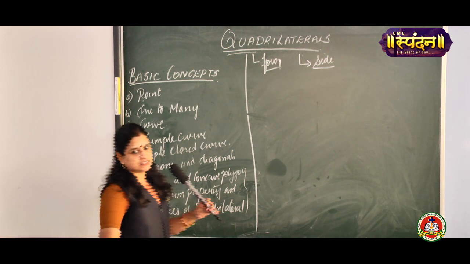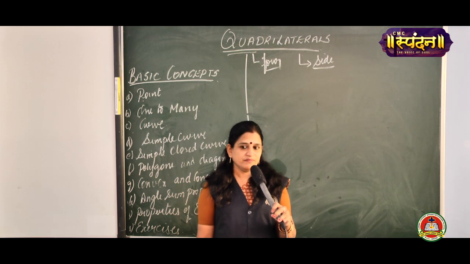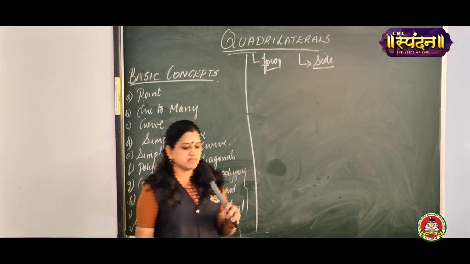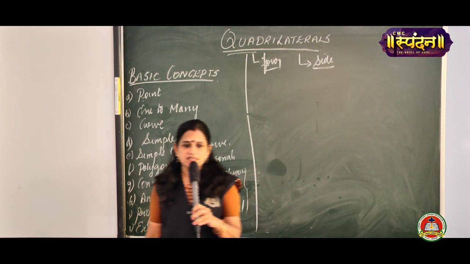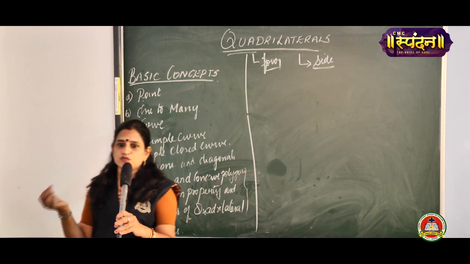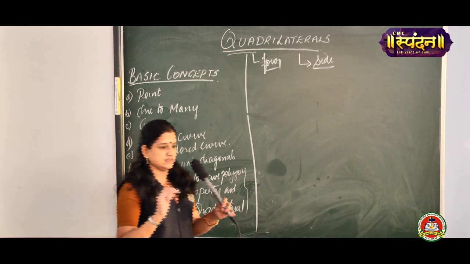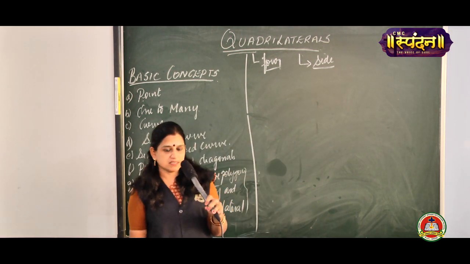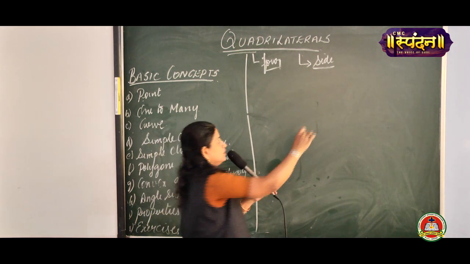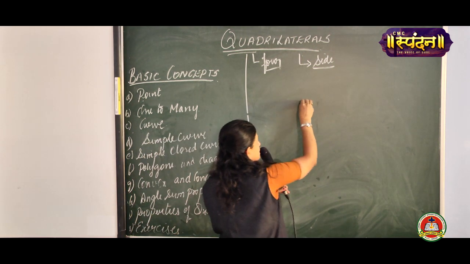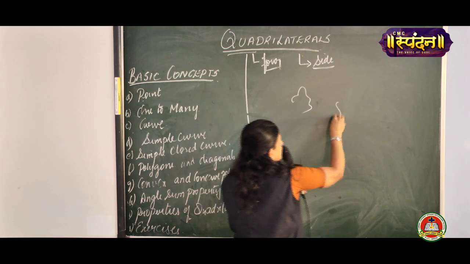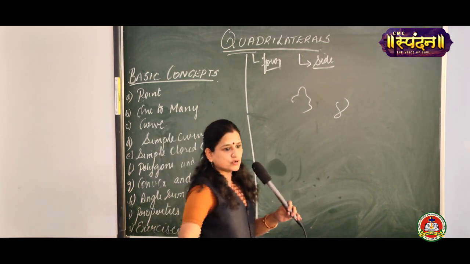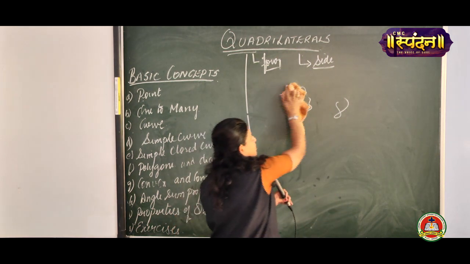If you consider this classroom, what is a plane surface here? This board is a plane surface. This table is a plane surface. Whatever you can write on or draw on, that surface you call a plane surface. In your childhood days, you would have scribbled all these figures on this surface. So you call this surface a plane surface.